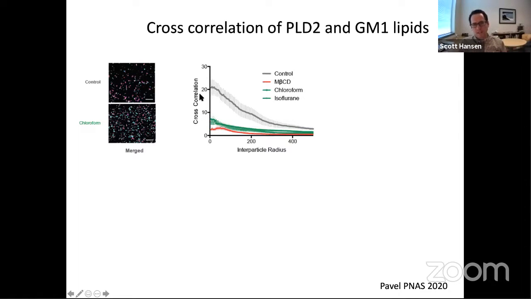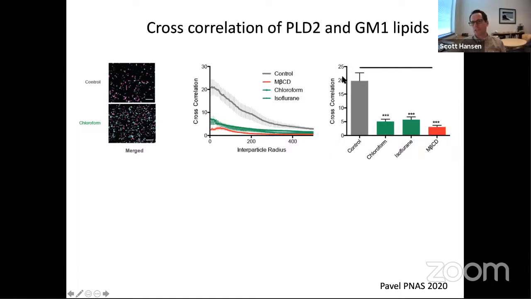And we see this is a unitless number. It's just correlation of association. And we can see with the control that PLD is highly associated with GM1 domains. If we add methyl beta cyclodextrin and get rid of those GM1 domains, well, of course, PLD association goes down. Interestingly, though, if we add chloroform or isoflurane, we also see this very dramatic decrease in association with GM1 domains. So how do we interpret this?